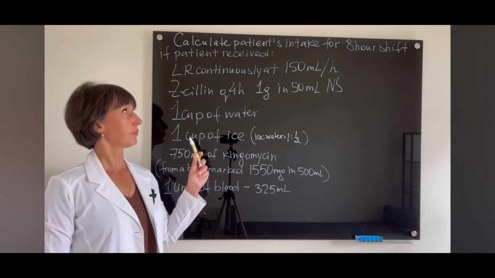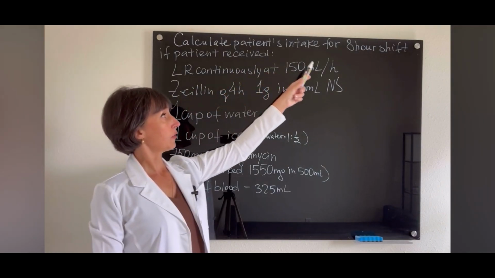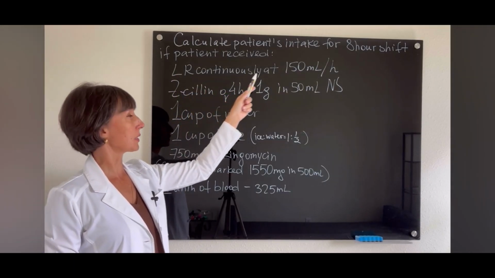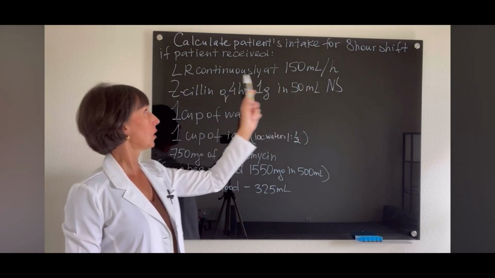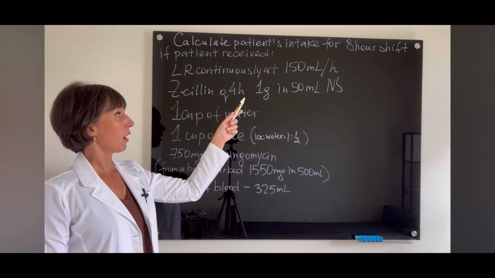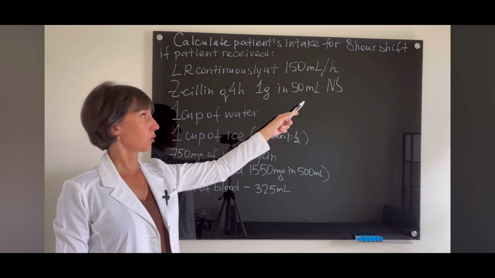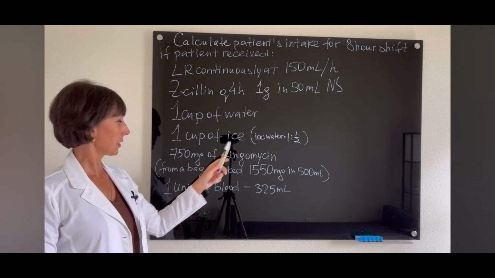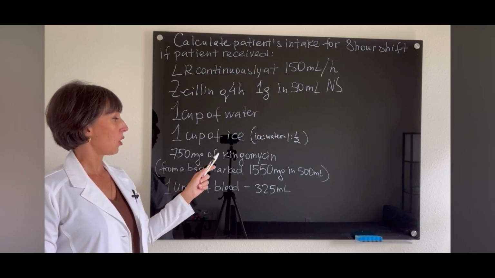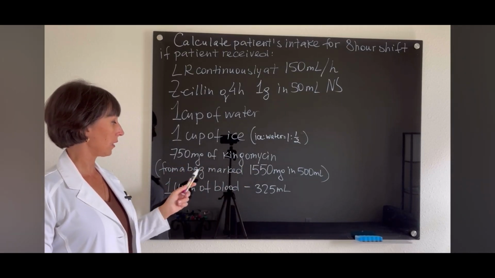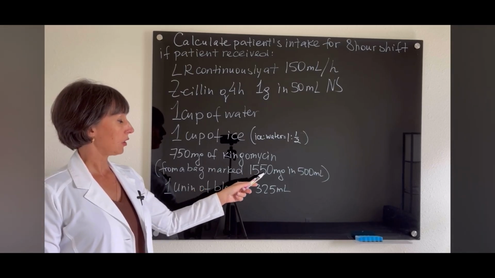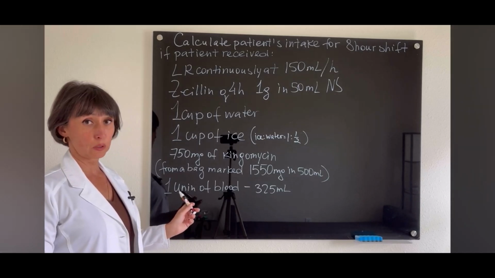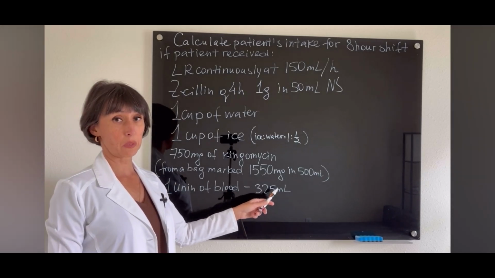Here's our next problem. Calculate the patient's intake for an 8-hour shift if the patient received LR continuously at 150 milliliters an hour, Zicillin every 4 hours, 1 gram in 50 milliliters of normal saline, 1 cup of water, 1 cup of ice, 750 milligrams of clindamycin that came from a bag that was marked 1550 milligrams in 500 milliliters, and the patient received 1 unit of blood of 325 milliliters.